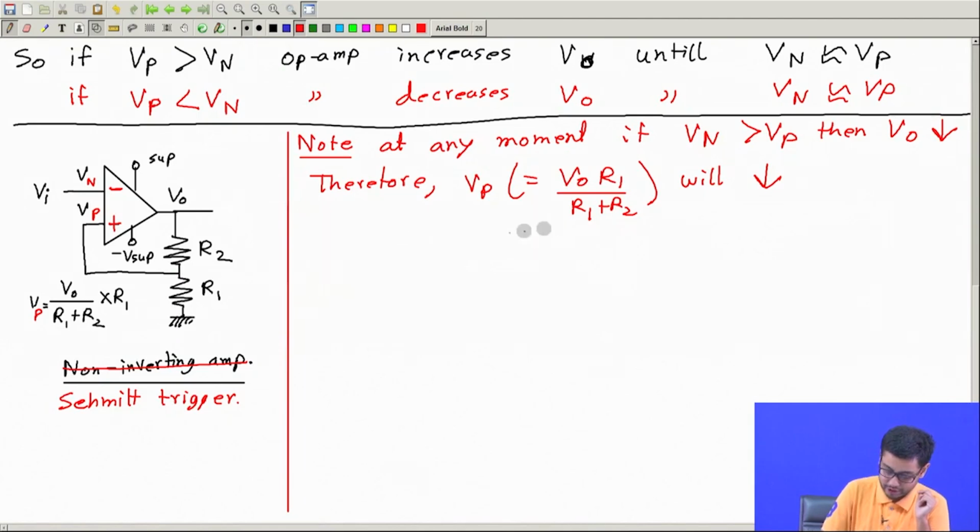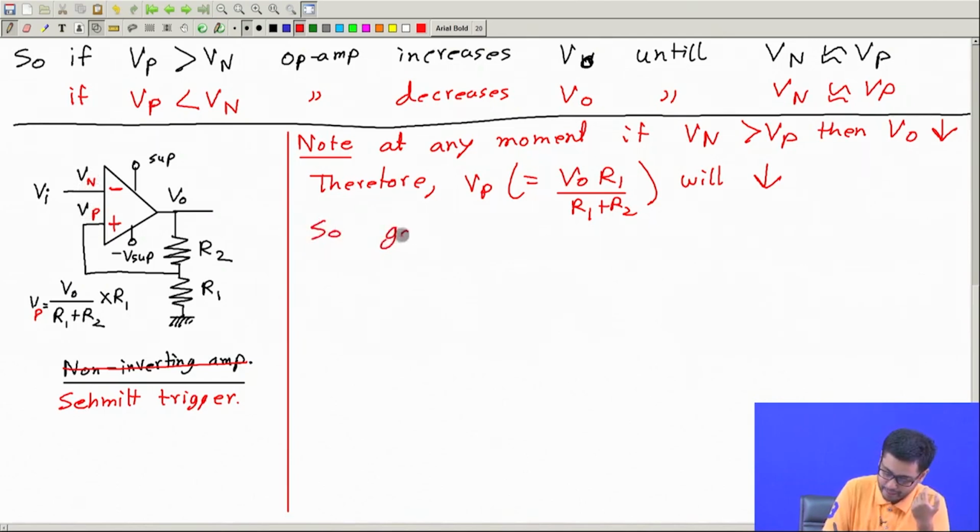So we started with the assumption that Vn is higher. If Vn is higher, Vp will decrease.